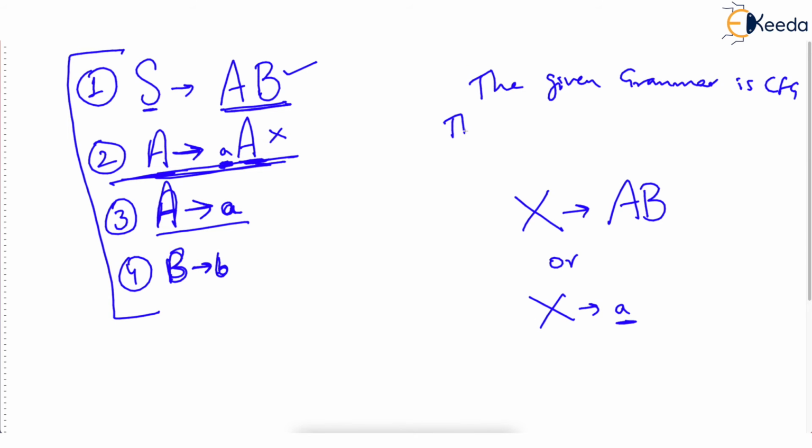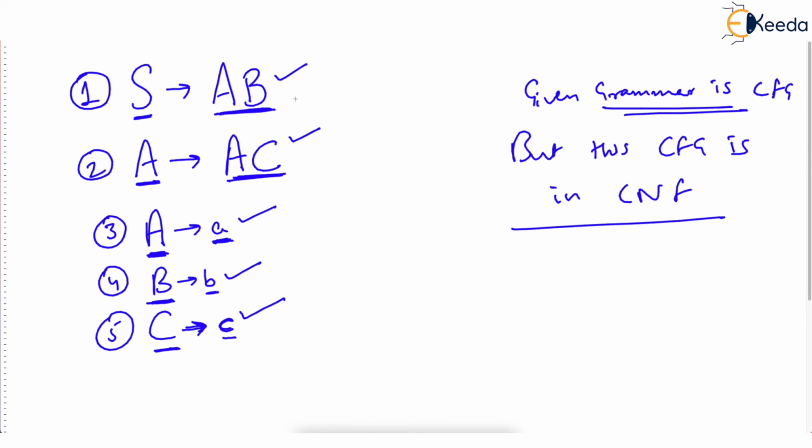So the given grammar is not CNF. It is CFG, but it is not CNF. But the earlier grammar is of course CFG, and it is in the form of CNF, Chomsky normal form.